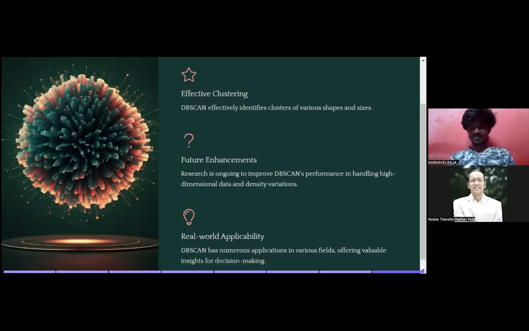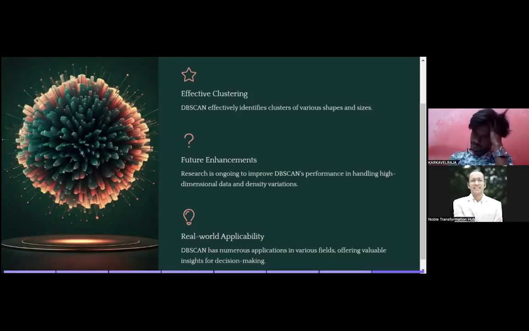This is all about DBSCAN. So what is DBSCAN? It helps us identify density in the clusters. It helps us find the boundaries in the data set, with the similarity of the data in the clusters. It's very powerful.